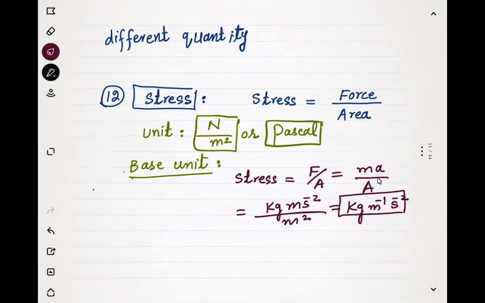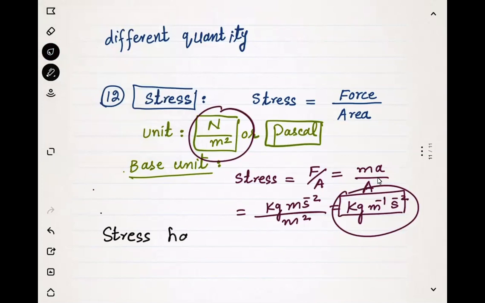Stress has the same base unit as pressure. The detail of stress will be studied in the chapter deformation. Right now, we have only written the formula, unit and base unit.